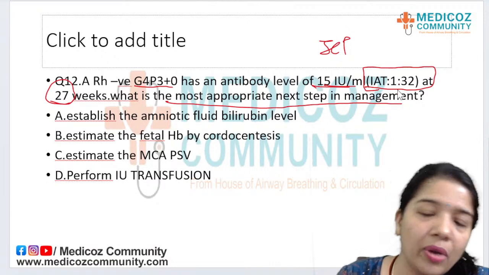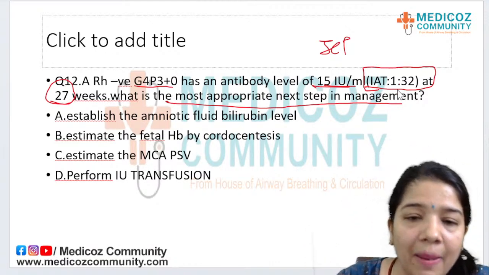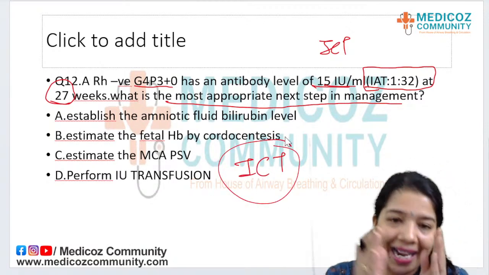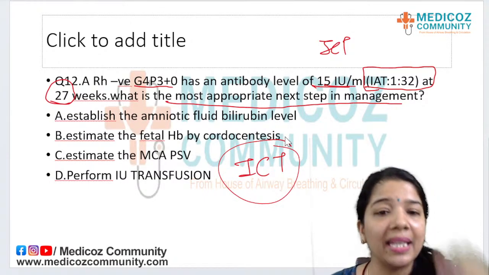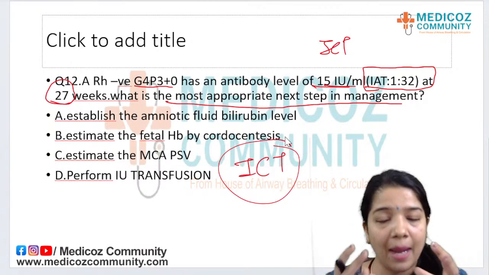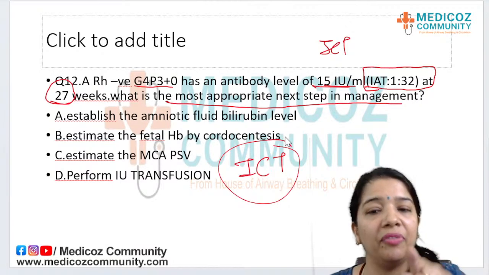Now, Rh negative, of course, we will touch upon only the question. We will not go into much detail. But remember, ICT means simply what? The antibodies which the mother has in her blood, which can kill the fetal RBCs. I'll repeat it. ICT means the amount of antibodies the mother has in her blood which can kill the fetal RBCs.